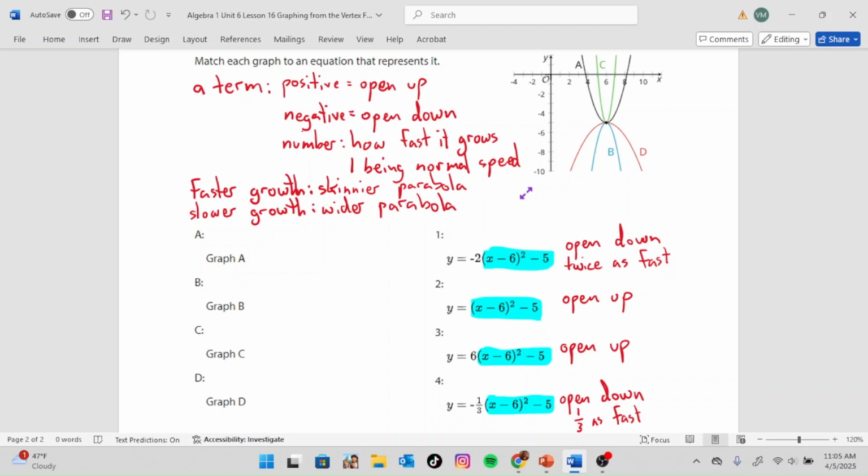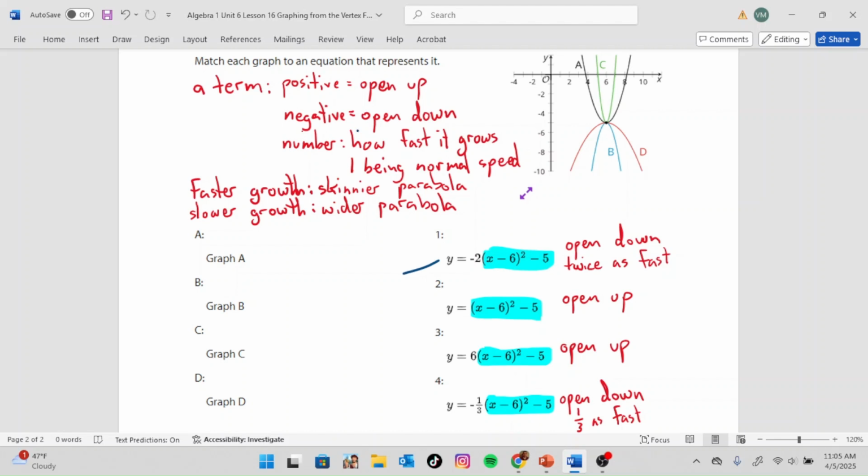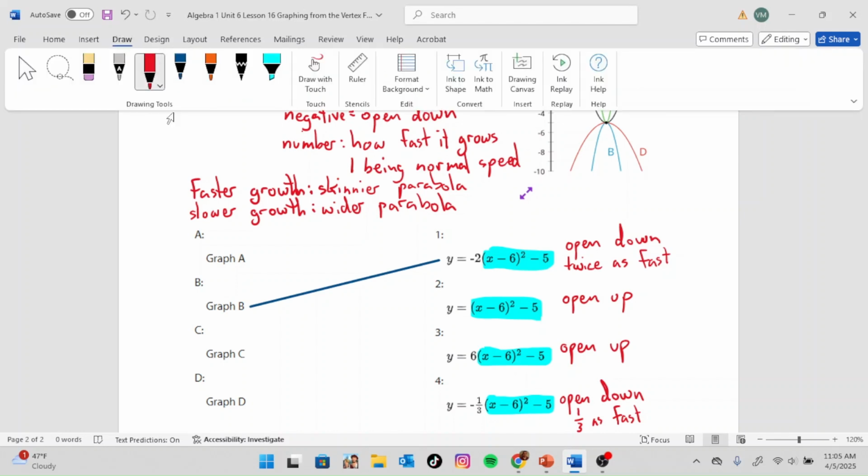So, number 1 is opening down, and it's twice as fast, so that has to be B because it's the skinnier one that's opening down. So number 1 matches graph B. That means number 4, which is opening down but only 1/3 as fast, because it is opening and growing slower, it is going to be wider, which is graph D.